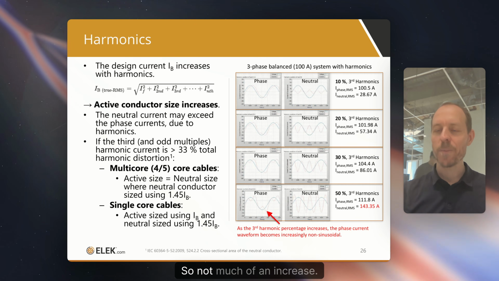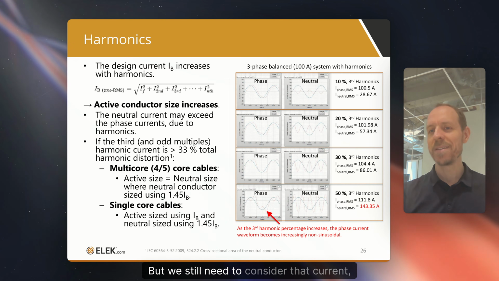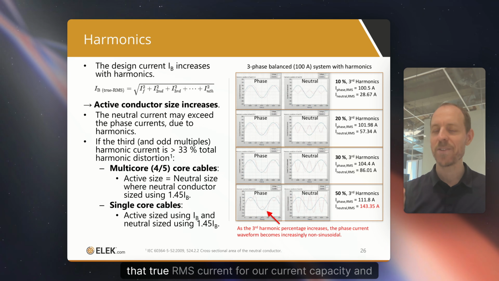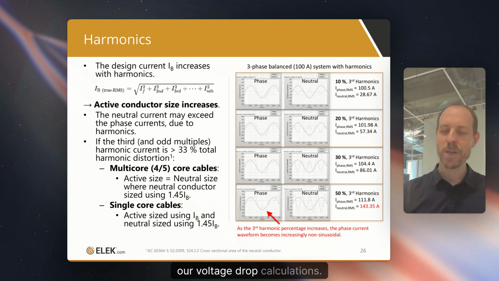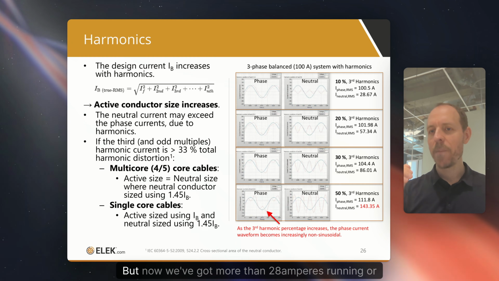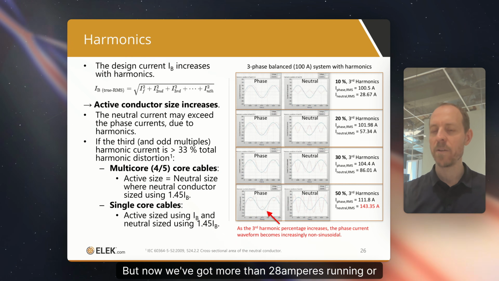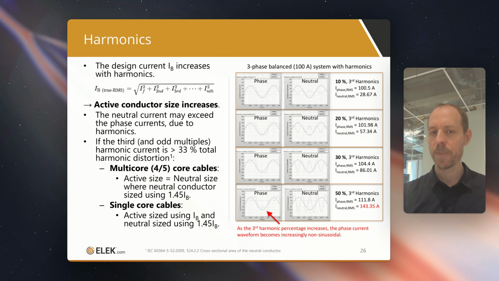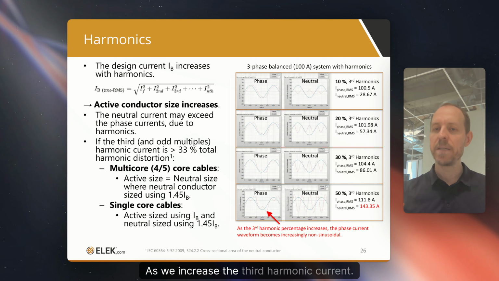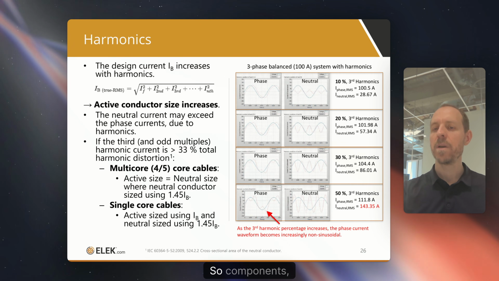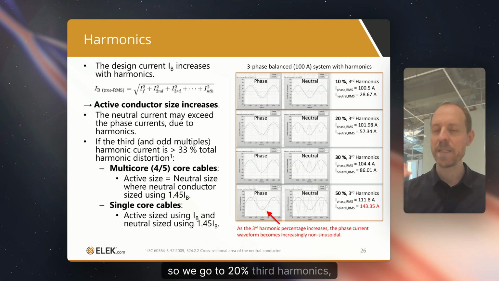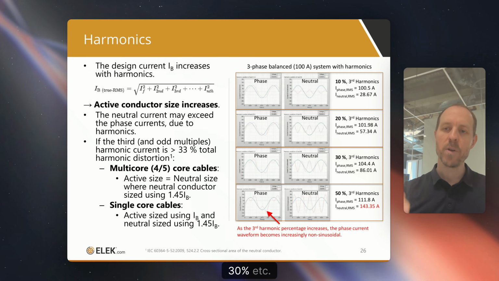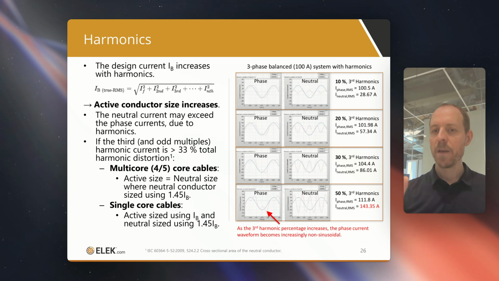So not much of an increase, but we still need to consider that true RMS current for our current capacity and our voltage drop calculations. But now we've got more than 28 amperes flowing in the neutral. As we increase the third harmonic components, so we go to 20% third harmonics, 30%, etc.